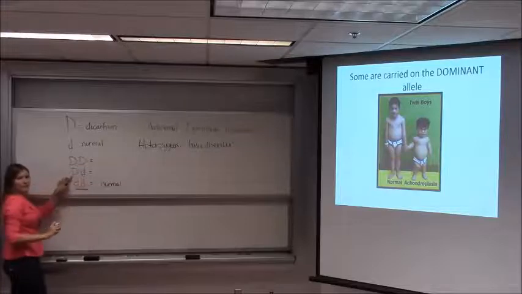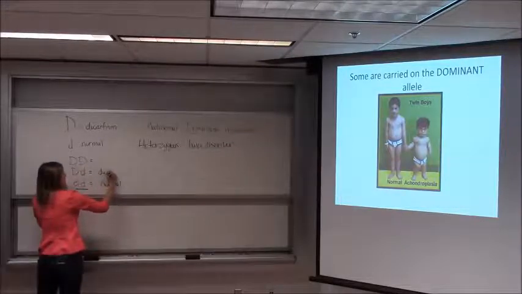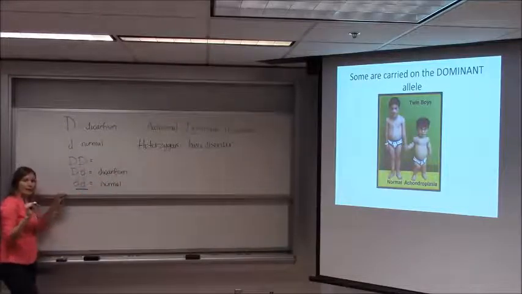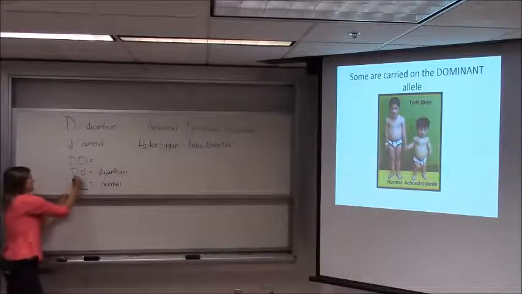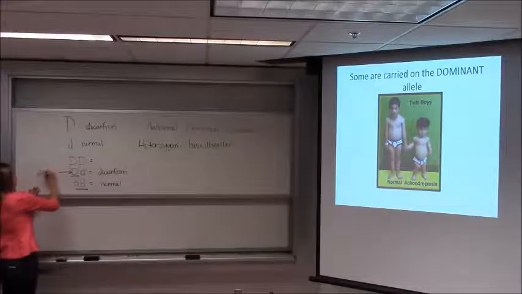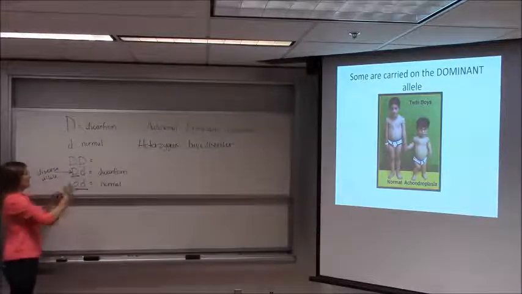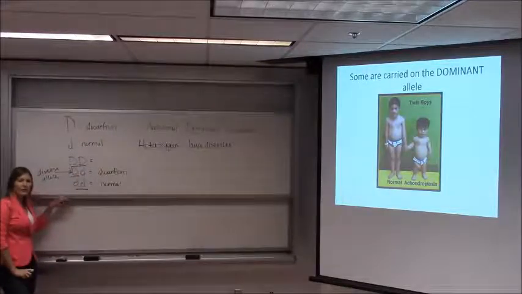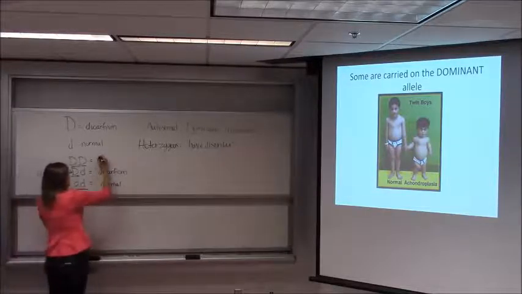Big D, little d, this individual is going to have dwarfism, achondroplasia. Why? Because this is the allele that carries the disease. This is actually lethal. It's called a lethal allele combination. It's too much of a bad thing. These babies never develop to birth.